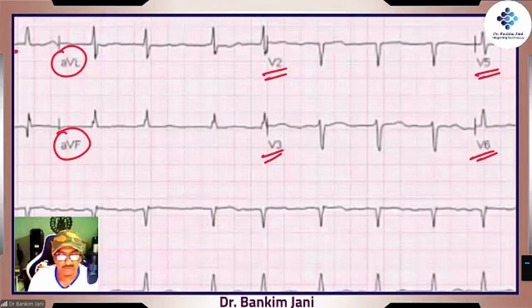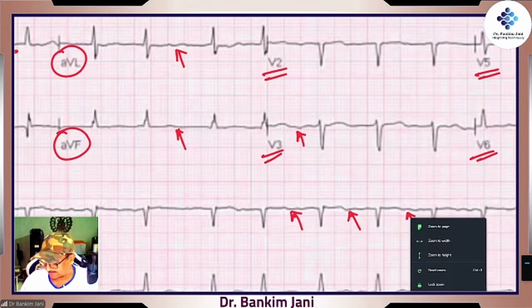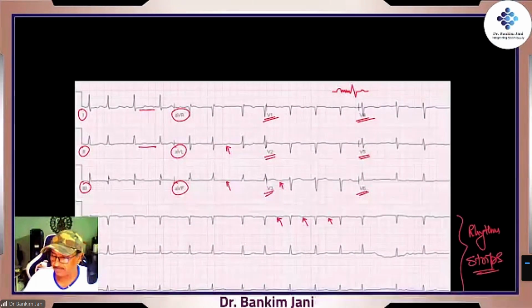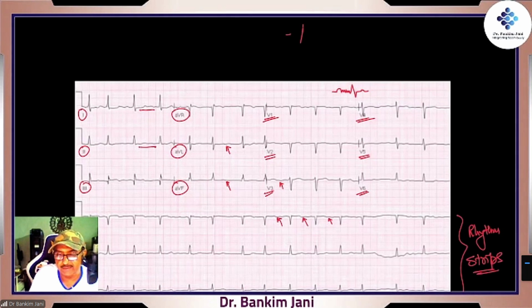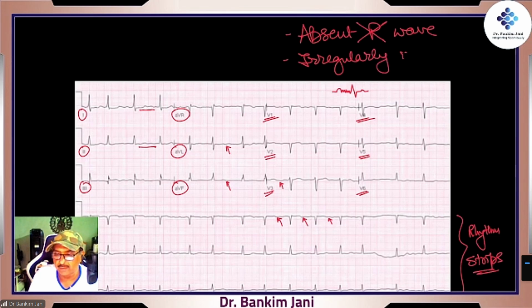Look at any of the leads, all the leads are completely wavy. This is what we mean when we say there is an absent P wave, and second, totally irregular QRS.